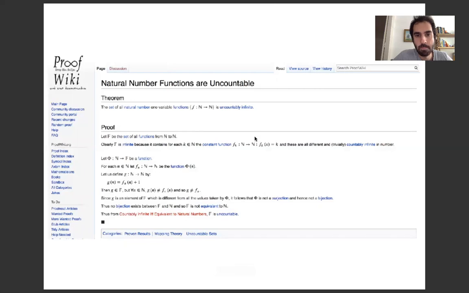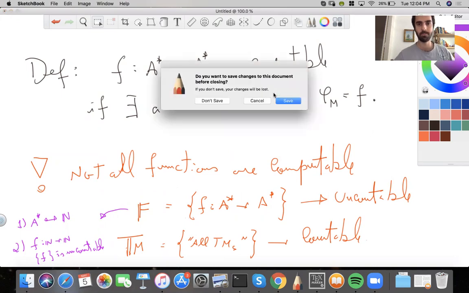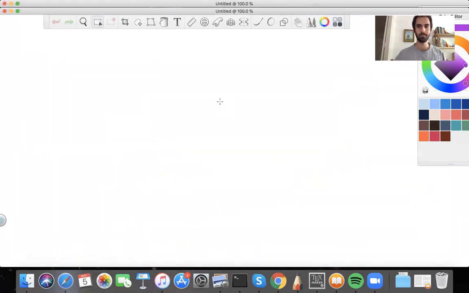So anyway, this is the definition of a computable function. We can also define a related notion. Here's another definition, the definition of a predicate.